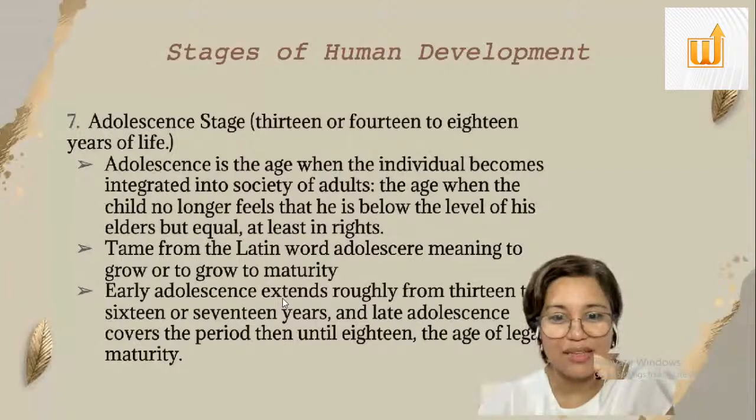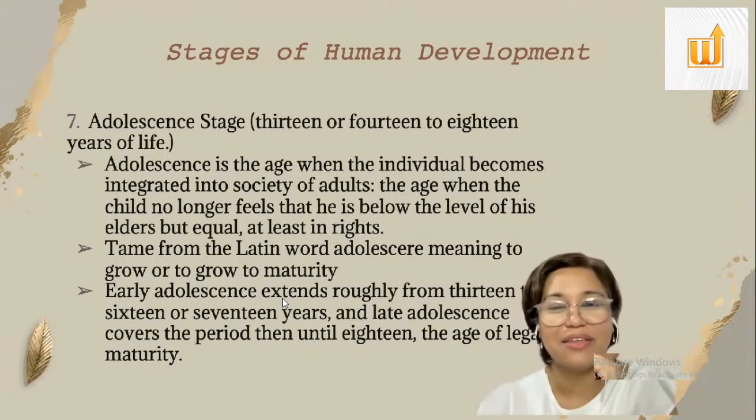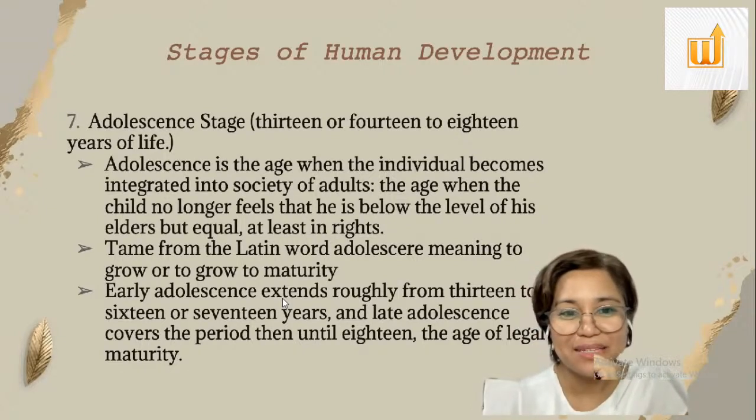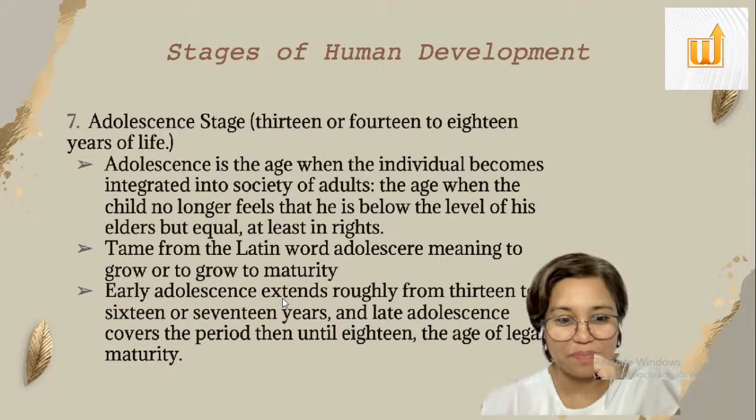So this is the age when the child no longer feels he is below the level of his elders, but not equal to adults. No? So in between, the in between stage, but they are expected to learn the things, no, for adulthood.